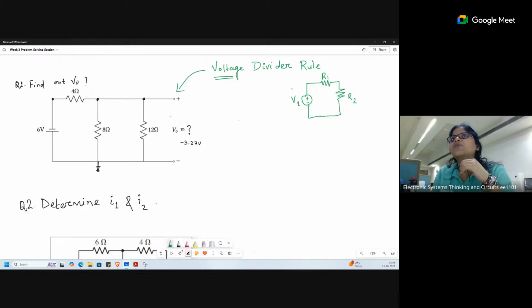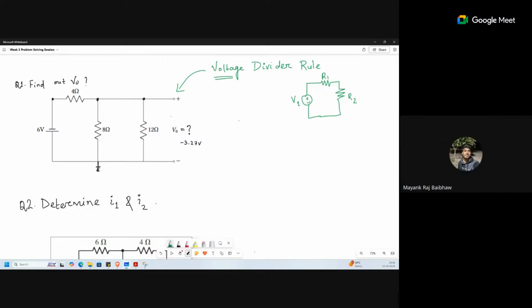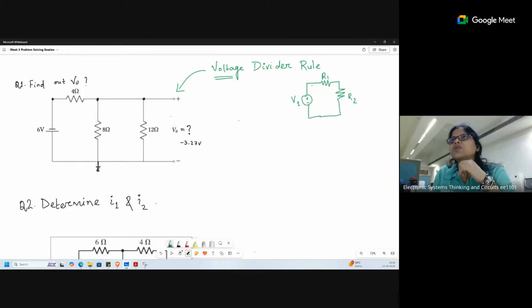Whenever you have studied series and parallel circuits of resistors, what did you learn? Whenever resistors are connected in series, voltage gets divided. When the resistors are connected in parallel, current gets divided, right? Yes, ma'am. Okay. So here these two resistors are connected in series.